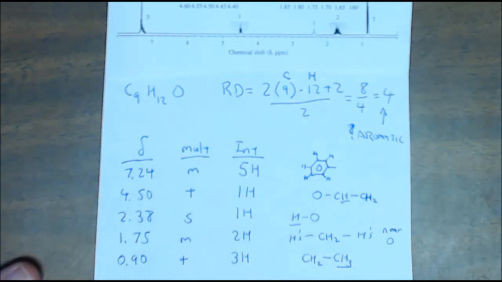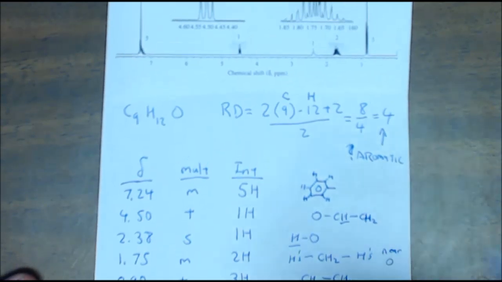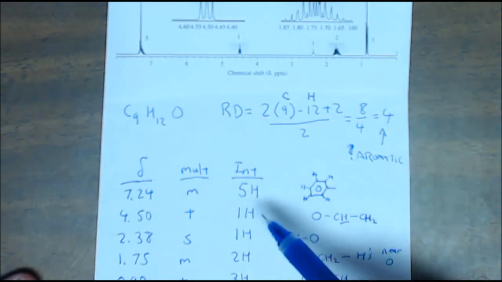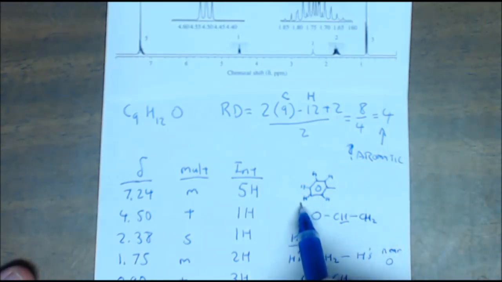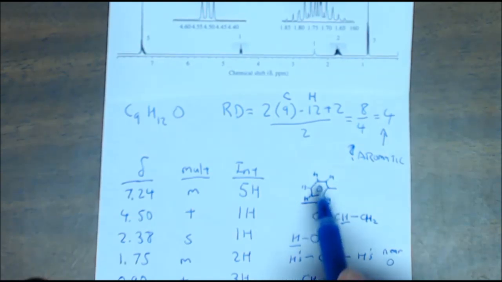Chemical shift is 7.24. Immediately my mind thinks, okay, 7.24, it's an aromatic ring. And that's confirmed here by the integration being 5 hydrogens. That's a dead giveaway. You've got a mono-substituted aromatic ring. So what I'm going to do is I'm going to draw and underline the structure of what this means. This is a mono-substituted aromatic ring.